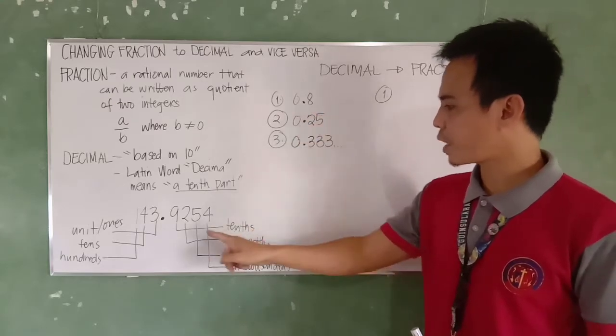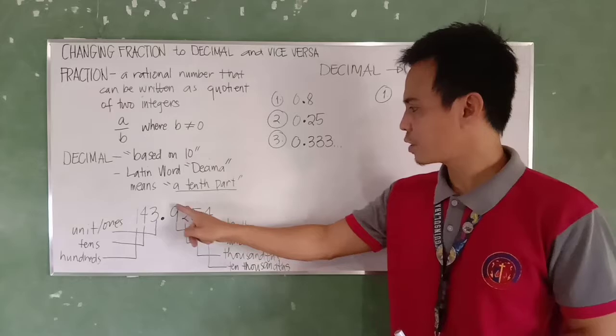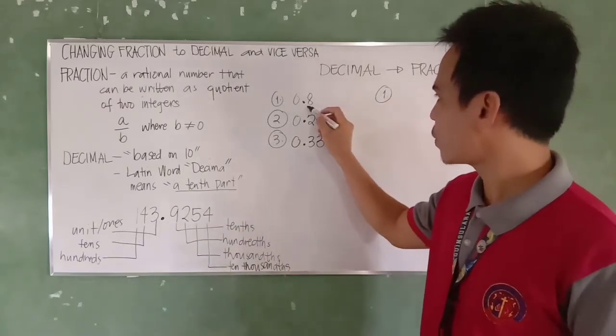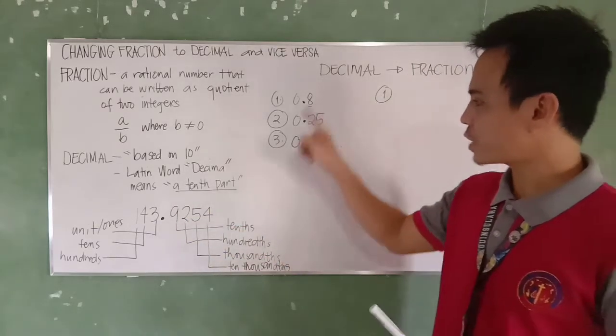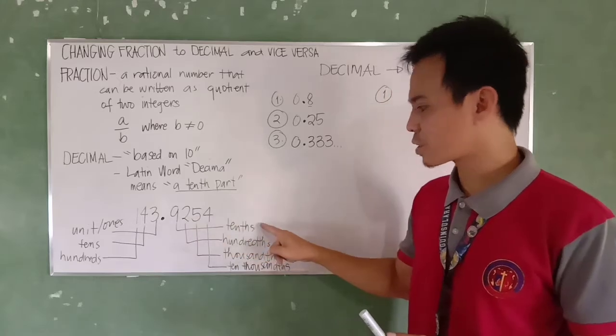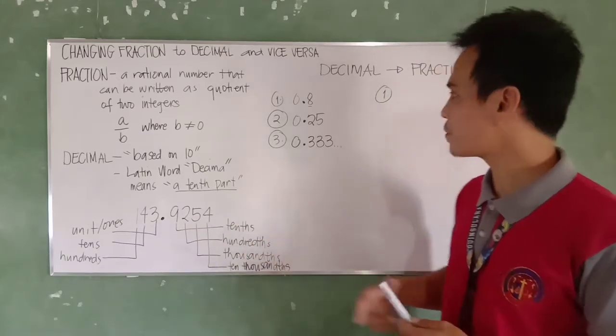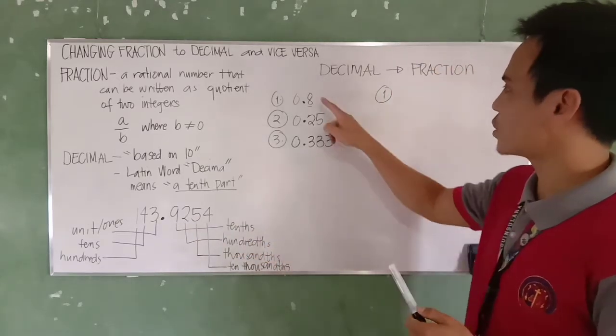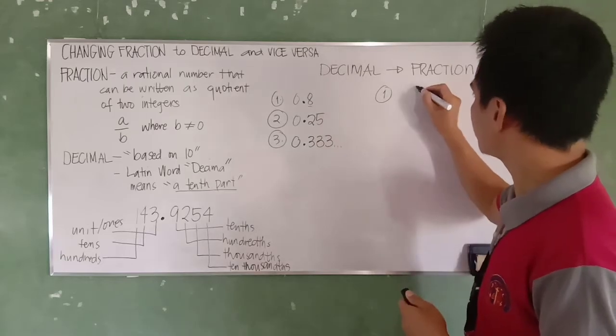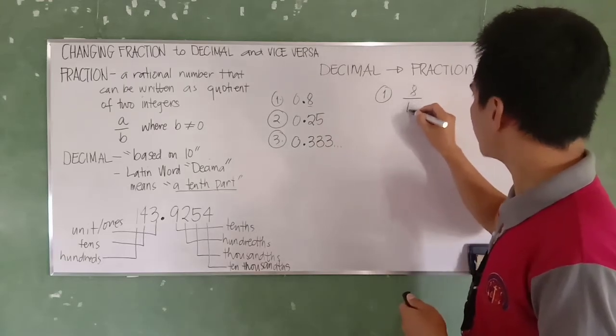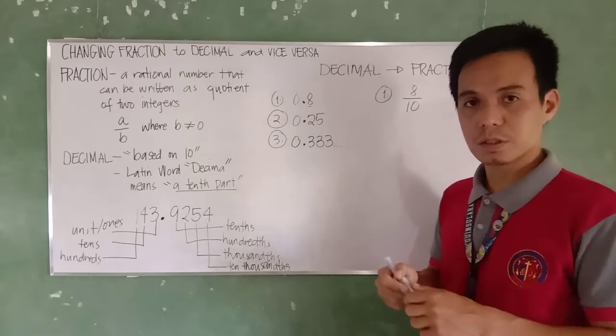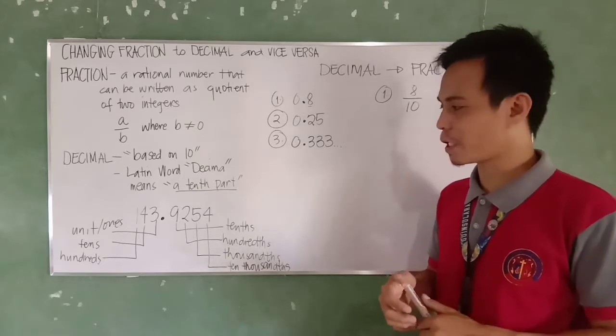Okay, titignan natin, guys. Since our place value there is 10, yung unang number natin, this one, 8. Yung 8 natin is the 10th place. So therefore, isusulat lang natin yung number over 10. Follow? I hope you follow, guys.